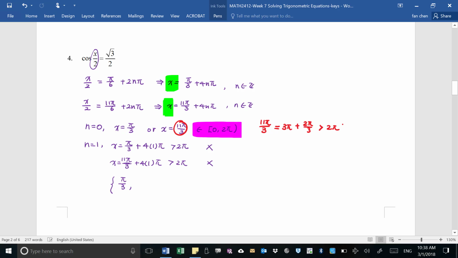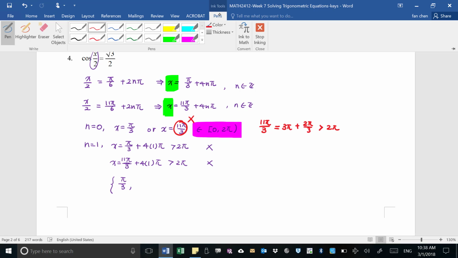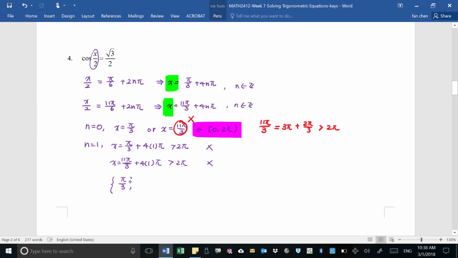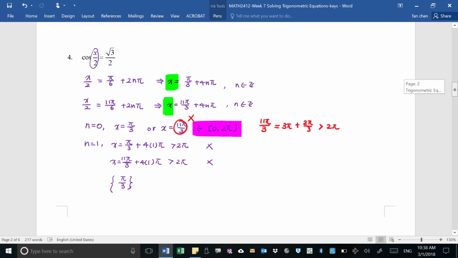Apologize for this. So you can see that this is rejected as well. This is rejected. So going back to here, which means, unfortunately, we only have one solution. That is, the solution is only pi over 3. So it's always good to go back to double check.